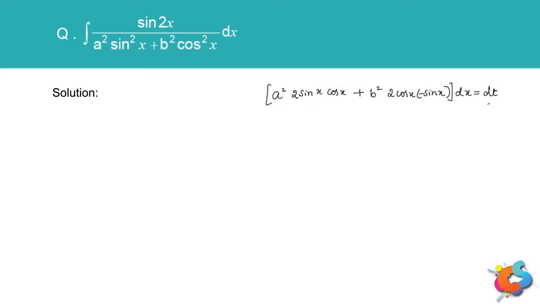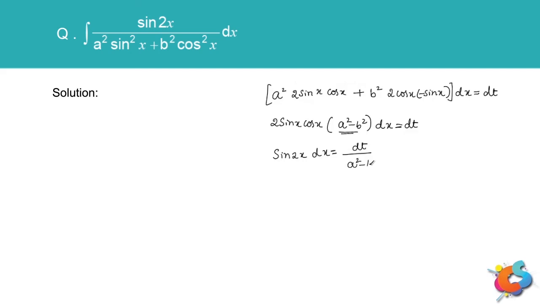So here I can take 2 sine x cos x common. So I'll get a square minus b square into dx is equal to dt. We know that 2 sine x into cos x can be written as sine 2x, so sine 2x into dx becomes dt by, you send this a square minus b square to the denominator, cross multiply it, we get dt by a square minus b square.